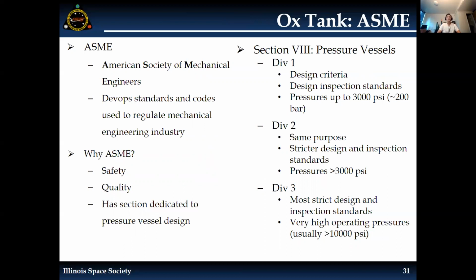And very conveniently, it has a section dedicated to pressure vessel design, and that's section 8 of the pressure vessel handbook. And it's actually separated into 3 different divisions, where the different divisions basically get stricter and stricter as you move up in design pressure. So ours happens to be below 3,000 psi. So we're going to be manufacturing it per the section 8, division 1 ASME standard.